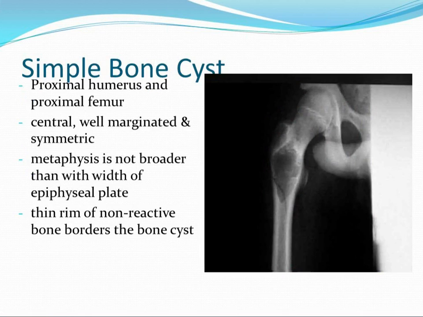I told you most of the bone cysts are again simple, benign. So the proximal humerus and proximal femur are the most important sites in this case. See, in the proximal femur, here is a well-defined, centrally located, symmetrical, marginated lesion. The metaphysis is not broader than the width of the epiphyseal plate.